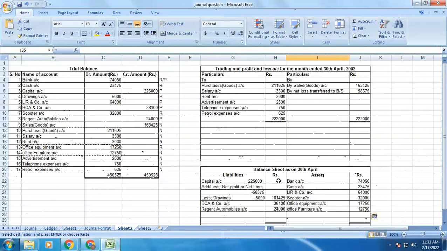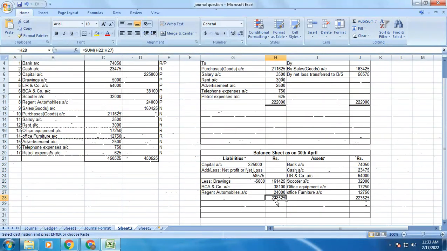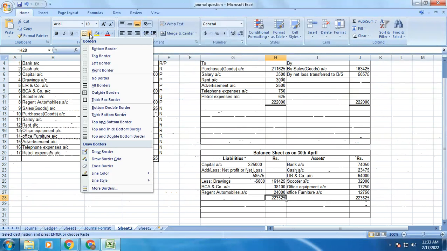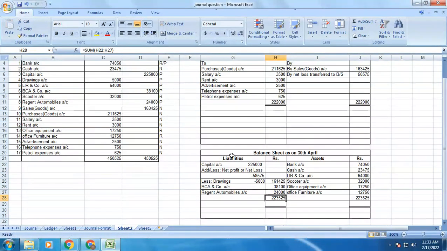Now, after this, like we did with the trading and profit and loss account, we will total the two sides of the balance sheet. And we find that the two values are equal. Now, please remember, we have not done any balancing in the balance sheet. Automatically, the two sides have come out to be equal.